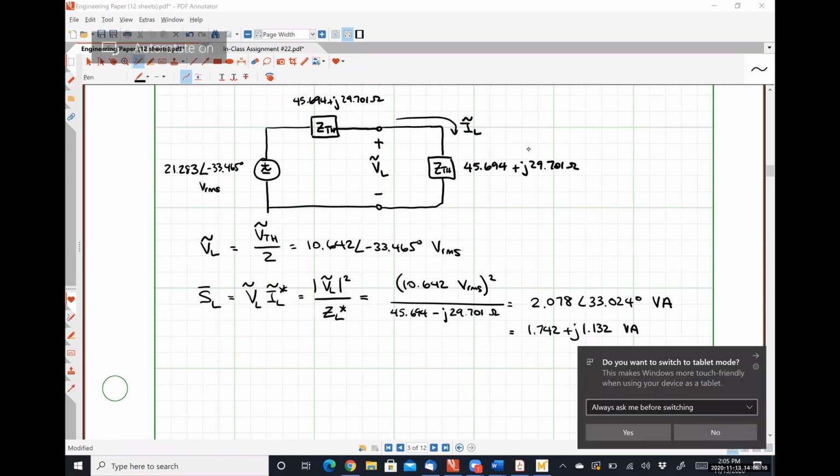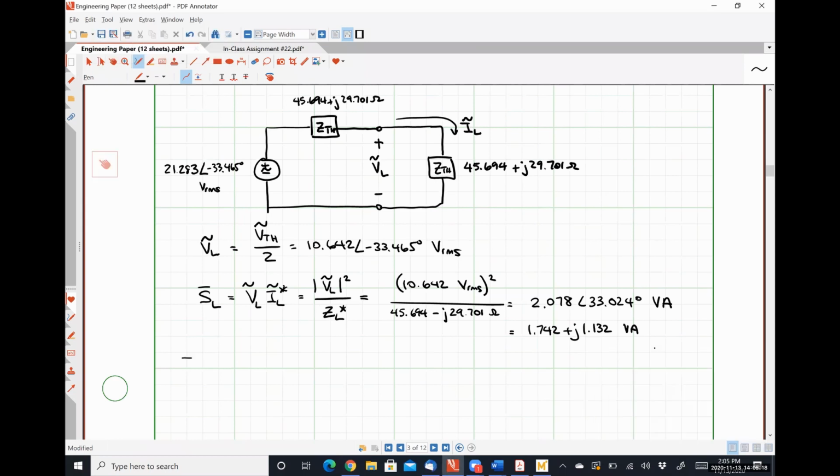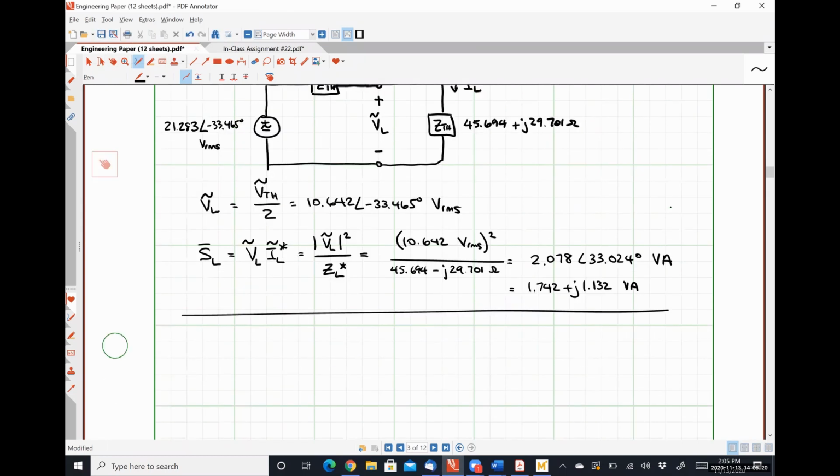So let me redraw our circuit with the Thevenin equivalent being used. So that's 21.283 with an angle of negative 33.465 degrees. Here's ZTH. Here's ZTH conjugate.